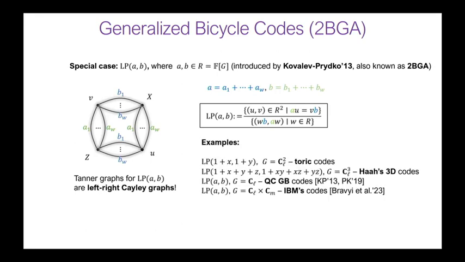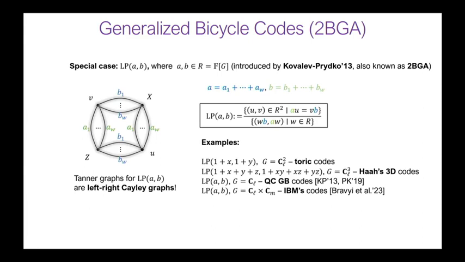Okay, let me just give you some examples of such lifted product codes. The first example is just the toric code. If we use the product of two cyclic groups, then we can also obtain hard 3D codes. In fact, we can also obtain a lot of similar codes, like the code that was studied by Yoshida.